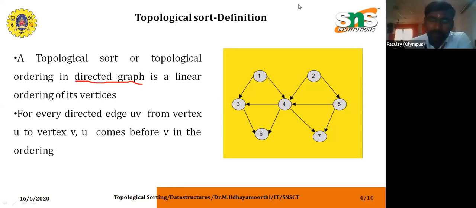Again I will tell. See the graph which is shown on the screen. It is a graph which consists of 7 nodes, and the names of the nodes are given as 1, 2, 3, 4, 5, 6, 7. Whenever you get this question, they ask you to find the topological order.